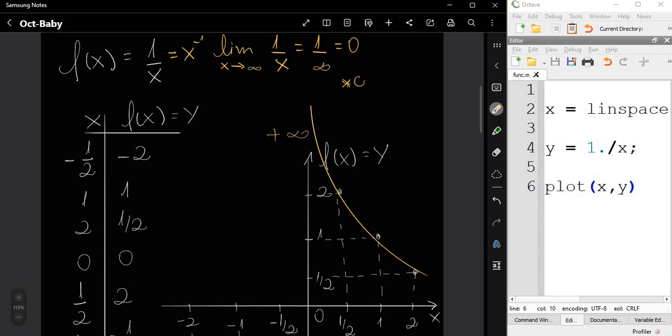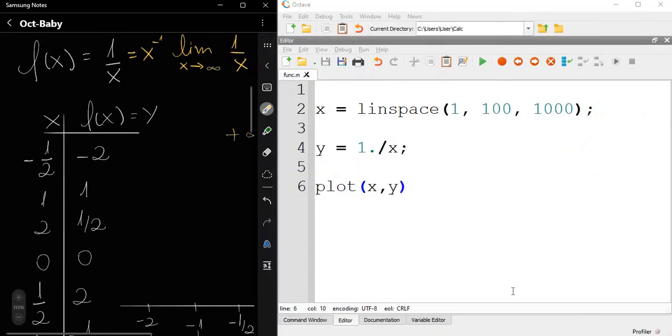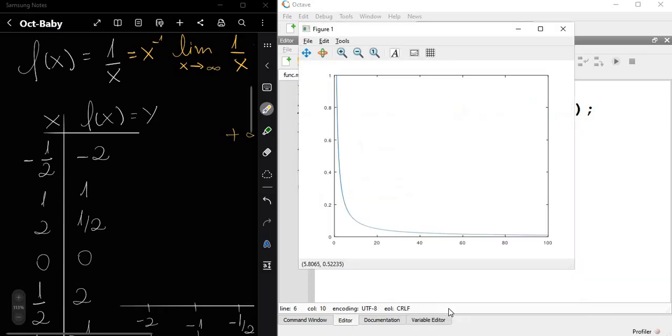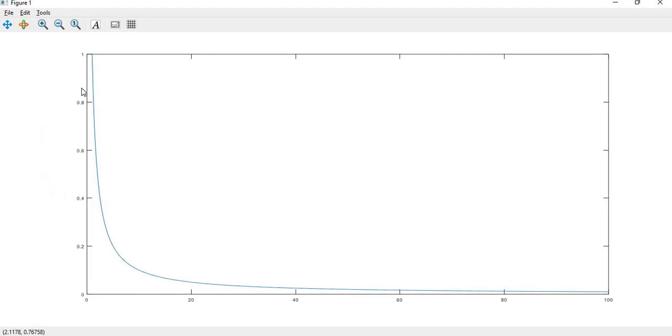It is converging to this real value 0. And we can see this right here. At infinity, it touches 0.